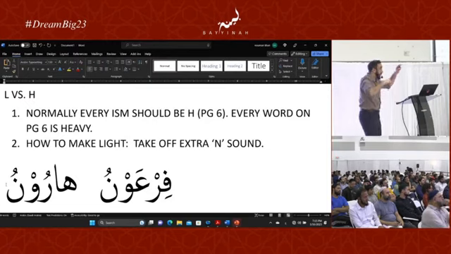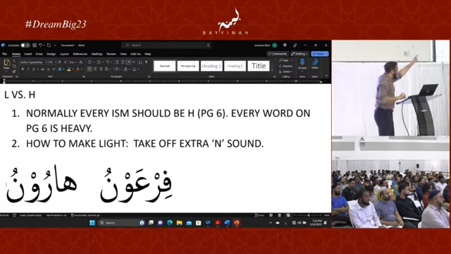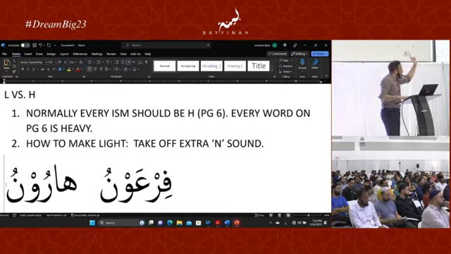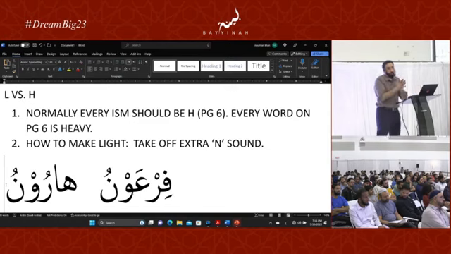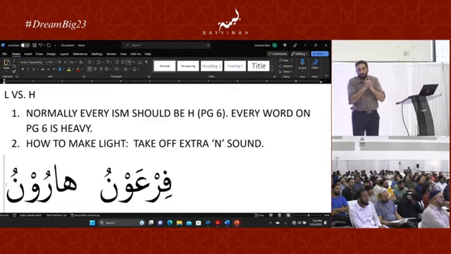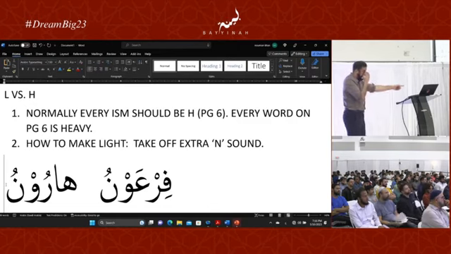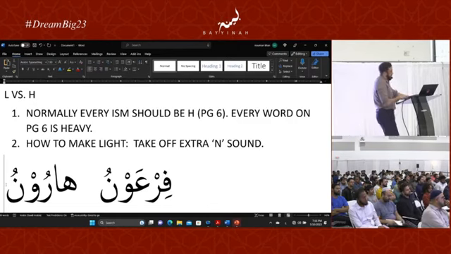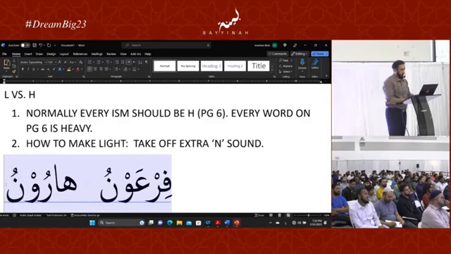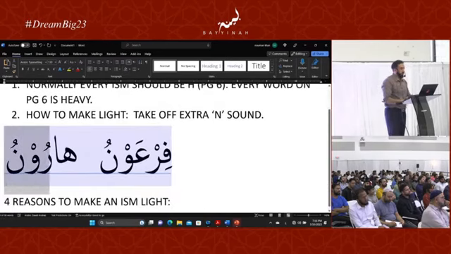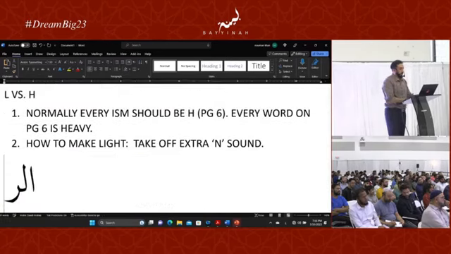Muslimun, muslimani, muslimuna, muslimatun. Everything has an N somewhere. That's the N you have to get rid of to make it light. Not any N. Harun, should I get rid of this N to make it light? No, it's already light. Is that clear? Okay, so what about, in Allah's name, Ar-Rahman?